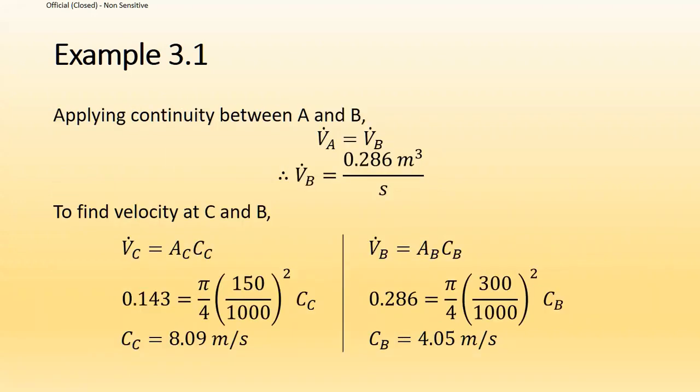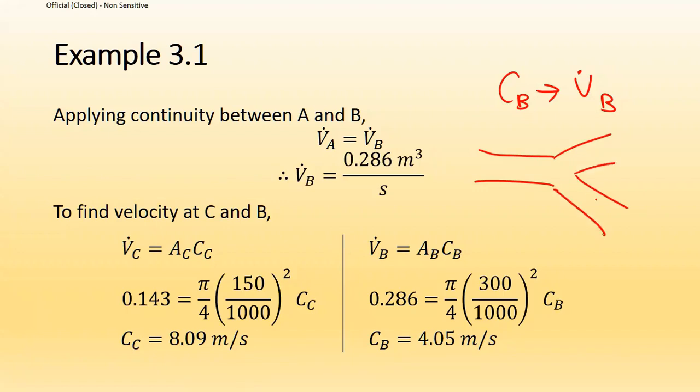Same thing, to get vB, which is the velocity at B, we need to find V dot B. To get V dot B, we will simply apply continuity between A and B. This was the fork again. A was this point, B was this point.